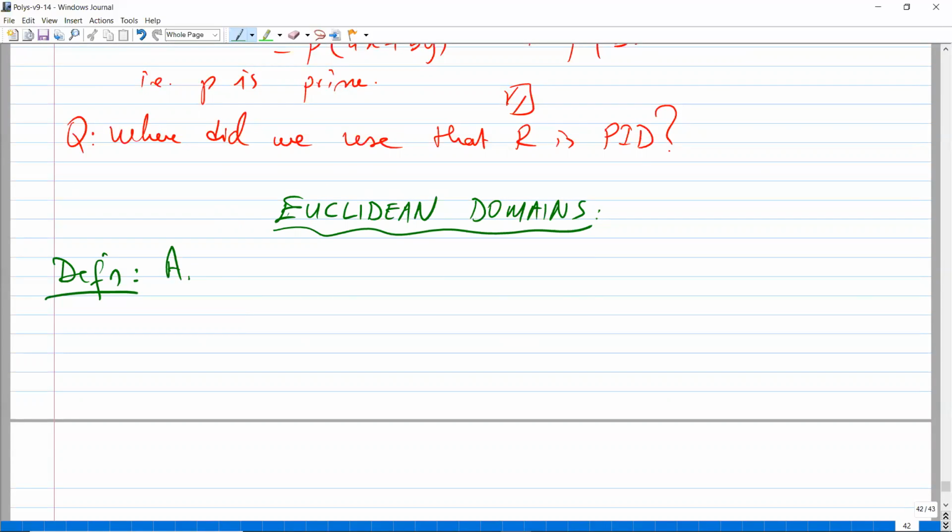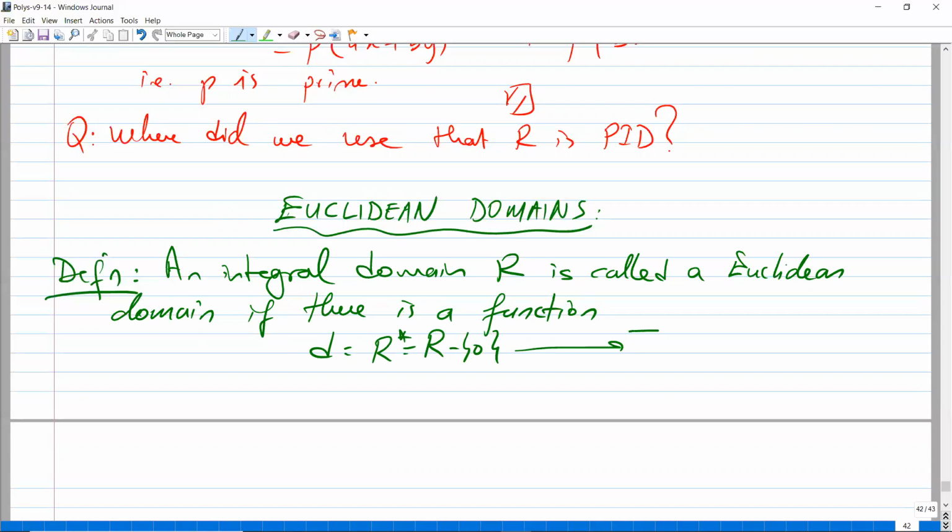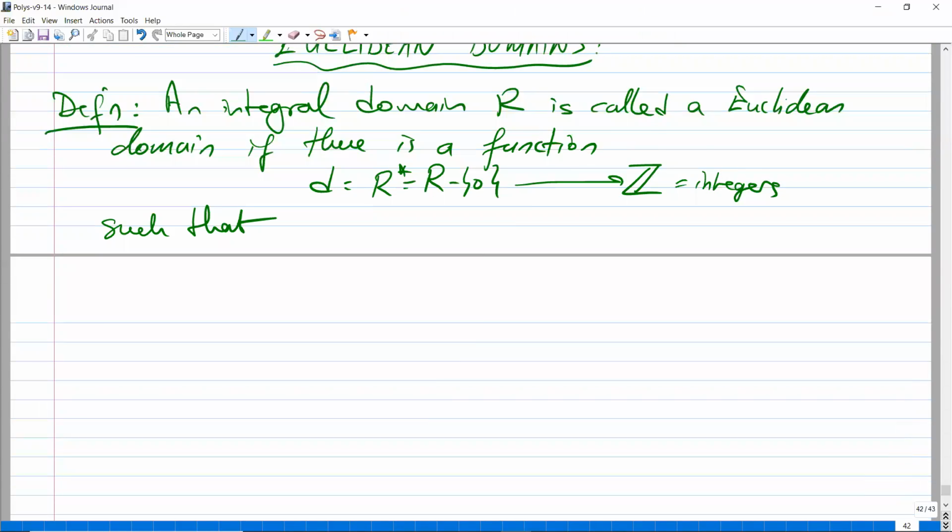An integral domain R is called a Euclidean domain if there is a function, which will be familiar to you, a function d from R star, where R star is R minus 0, to Z, integers, such that it should satisfy these properties.